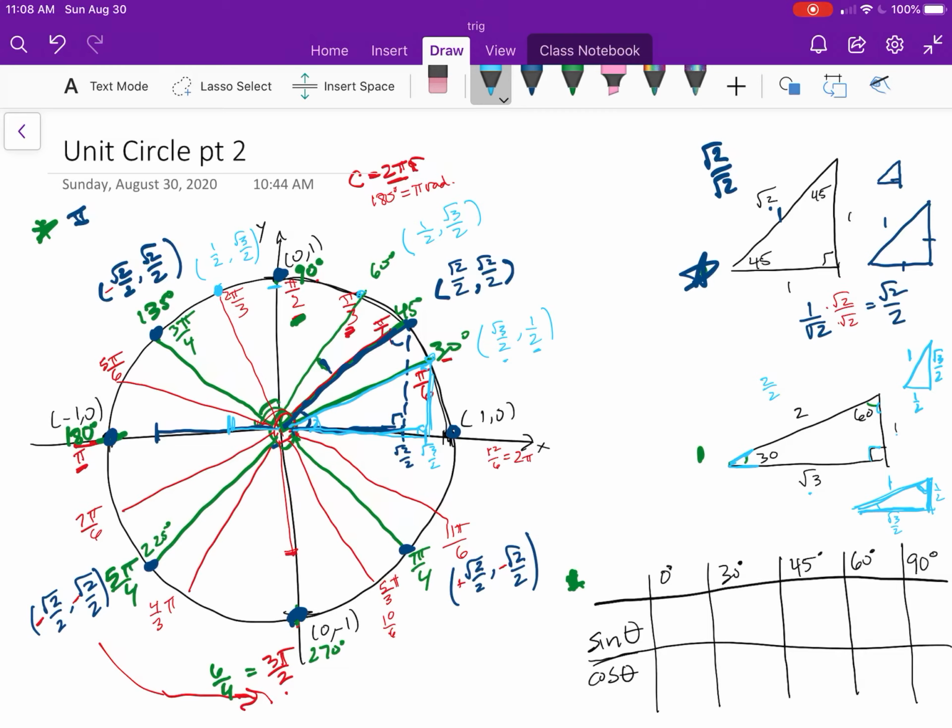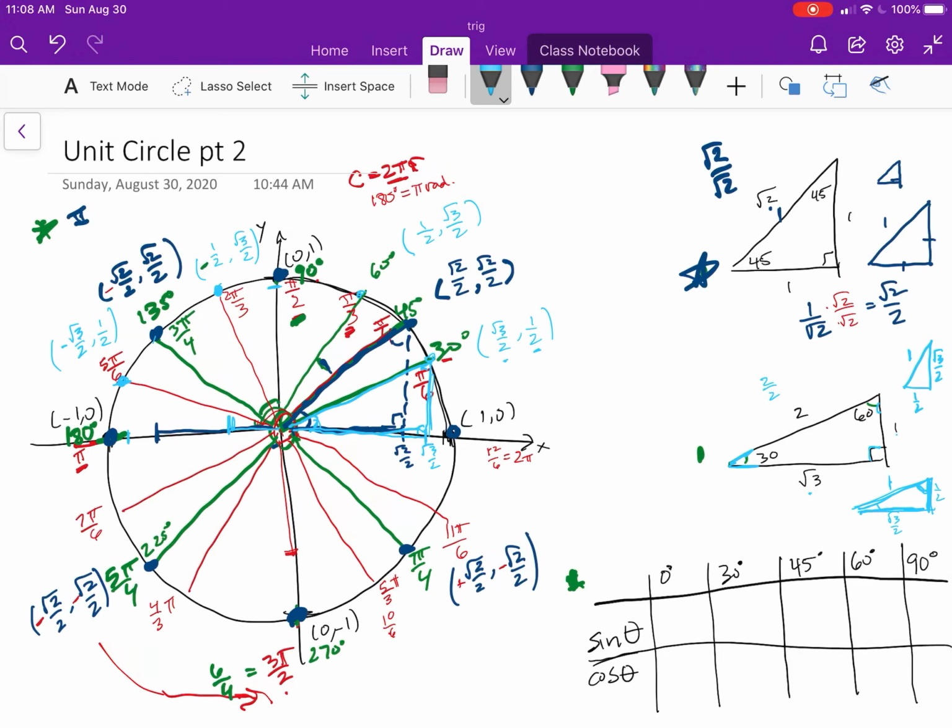And then just like before, think, all right, we're in quadrant 2, right? X is negative. So make the x negative. This point is going to be the reverse of that one. The x and the y change. So it's negative square root of 3 over 2, positive 1/2, right? Back square root of 3 over 2, up 1/2.